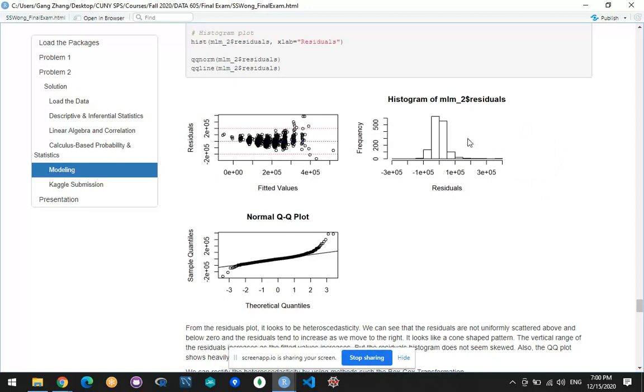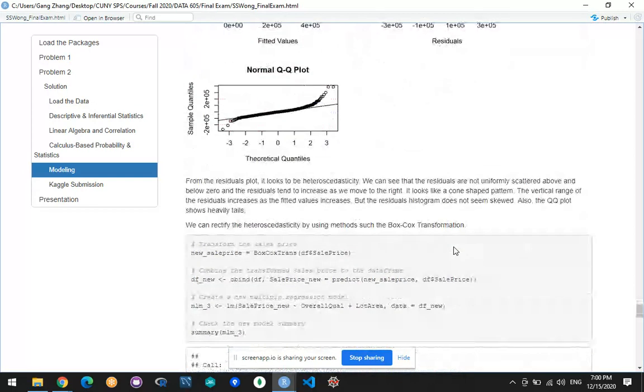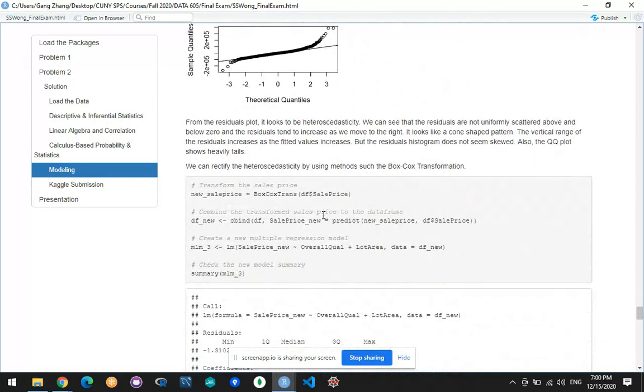The histogram doesn't seem skewed, but maybe I need to zoom in a little bit, and we can see it very clearly. But the QQ plot showed heavy tails. Anyway, we can rectify this problem of heteroscedasticity by using a method such as the Box-Cox transformation.